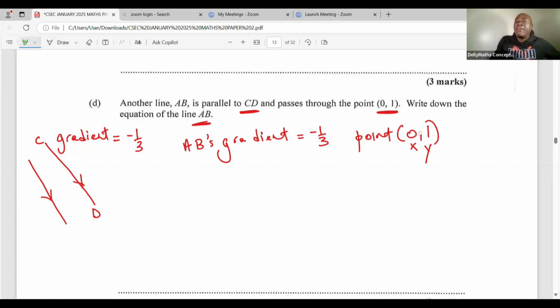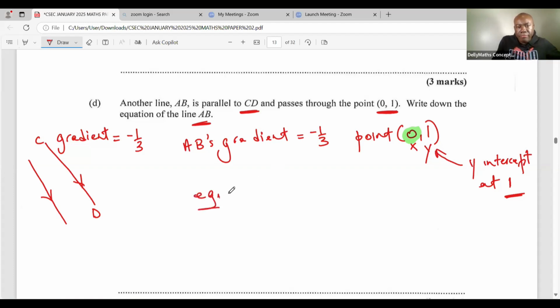If I have a 0 as a coordinate, then I actually have the y-intercept. So right here, I have my y-intercept at 1, right? So then I could easily just write this because I do have the slope and the y-intercept.